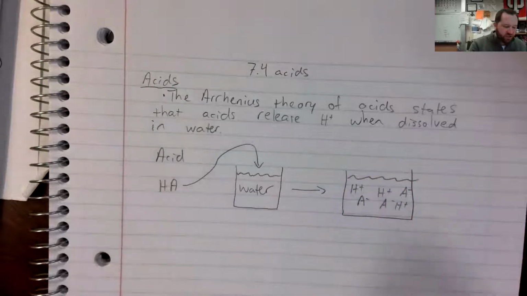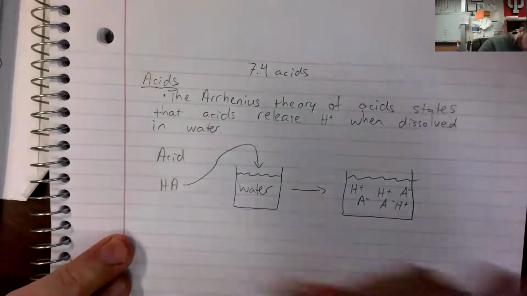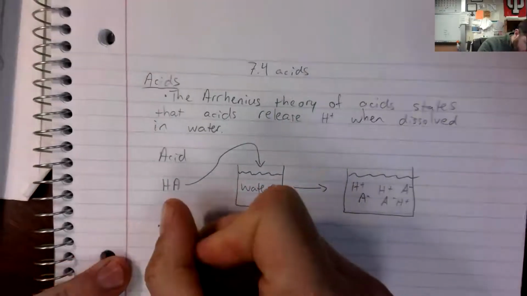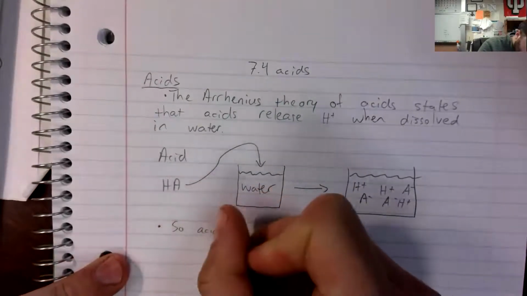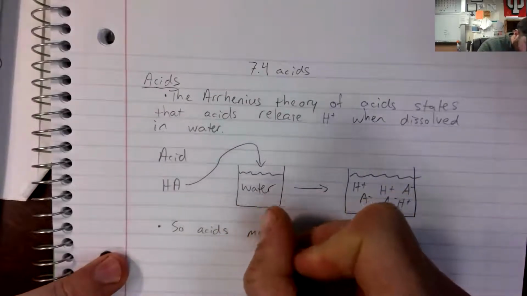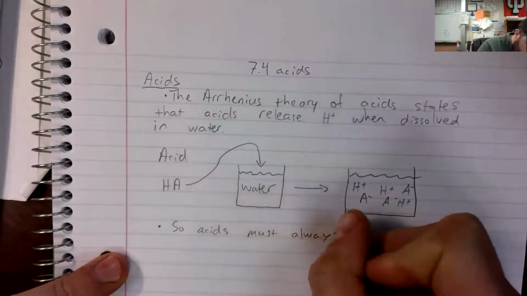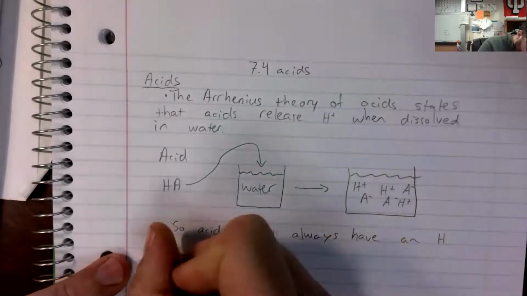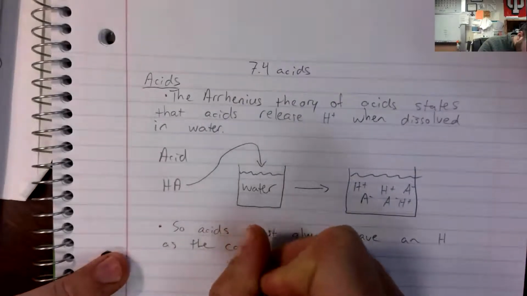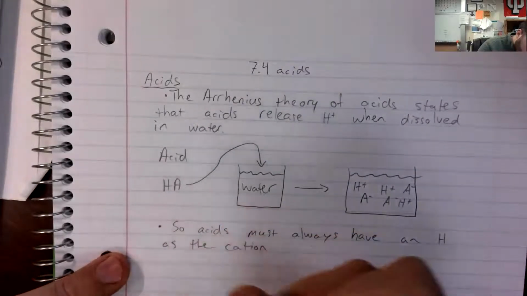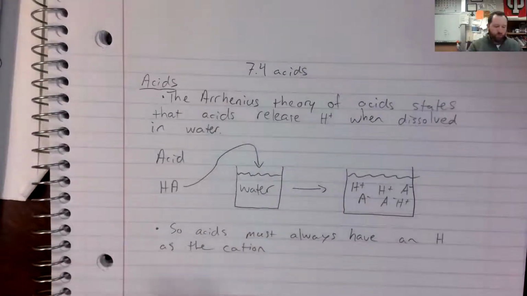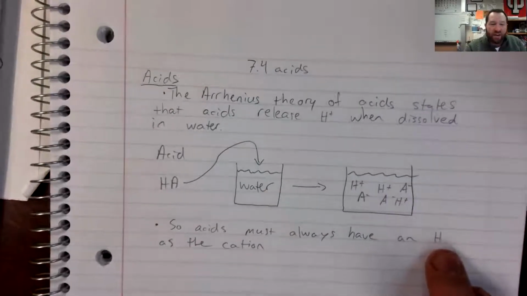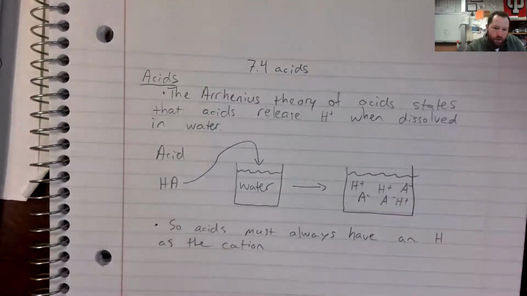So again, this Arrhenius theory is telling us two things, and these two things are really useful when you're identifying acids. First, when you're working with an acid, it always has to have an H as the cation.